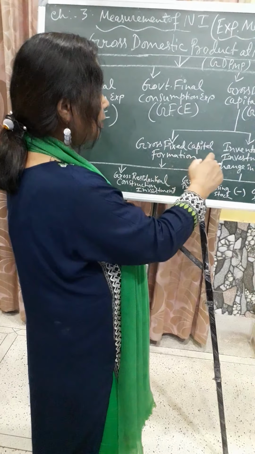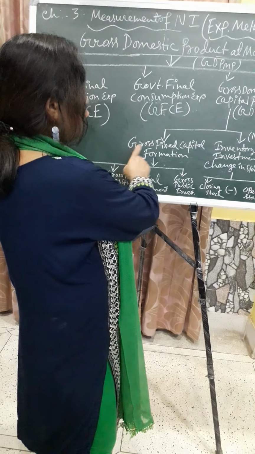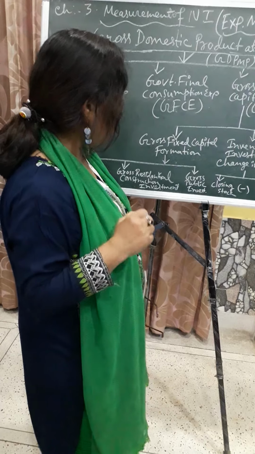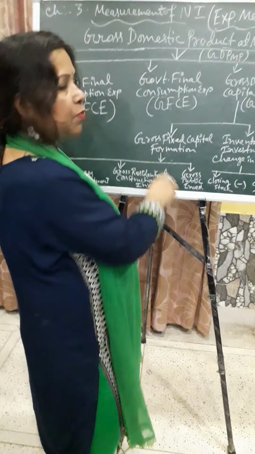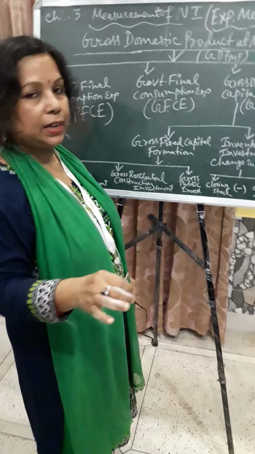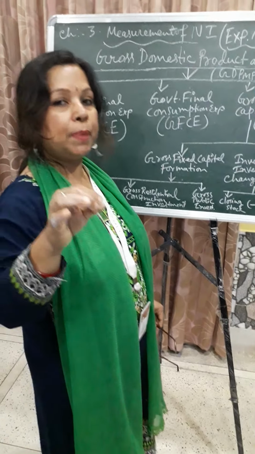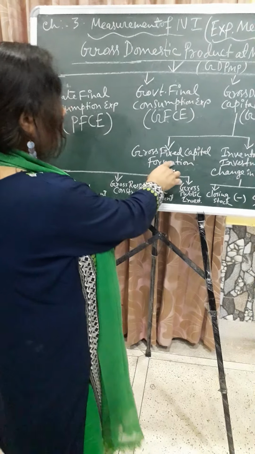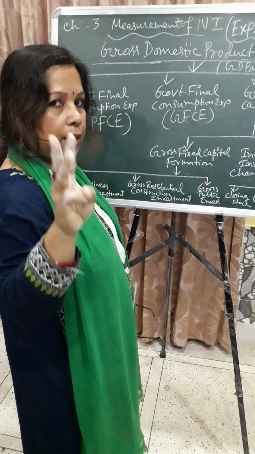So it has two parts. The first is gross fixed capital formation, which refers to the expenditure on purchase of fixed assets. This has three categories.